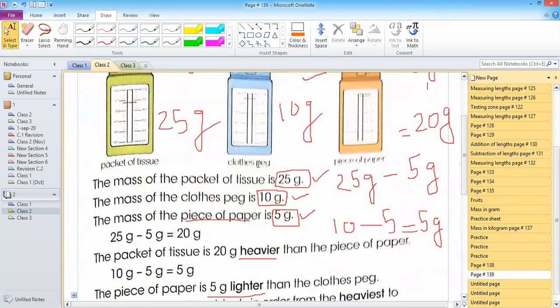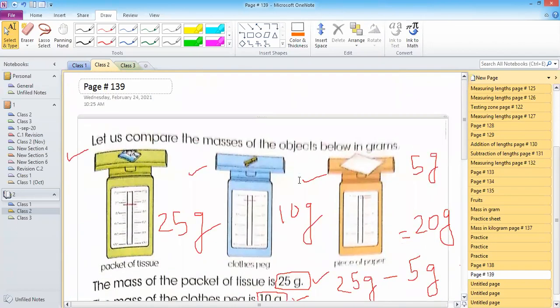Right? If I ask you about a piece of paper and cloth pack, and if I ask which is lightest, you will say, sir, piece of paper is lightest because it is 5, smaller, and cloth pack is 10, bigger. Then tell me how much lighter piece of paper is than cloth pack.